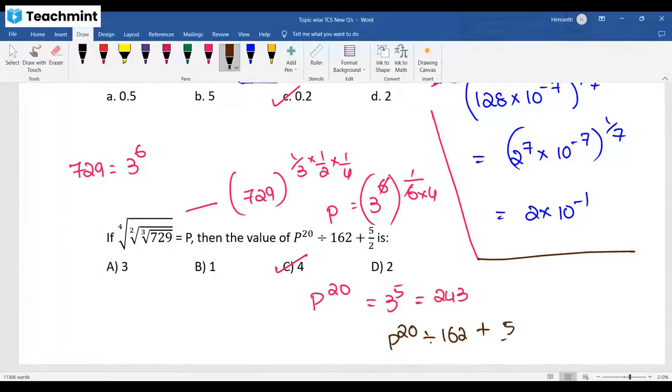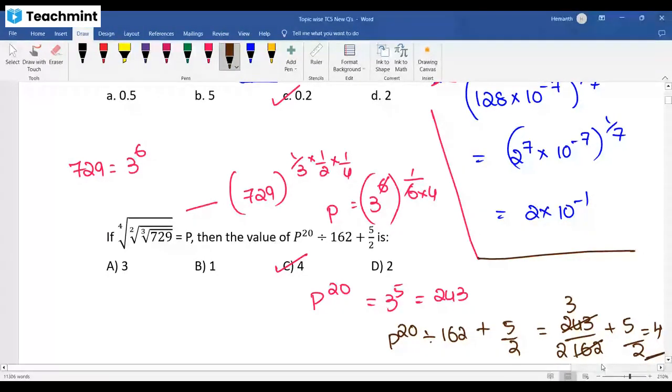So P power 20 is 243, first division, then only addition will come into the picture. This is 81 3 times, 81 2 times. 3 by 2 plus 5 by 2 will give 4. If we do all these calculations, that's it.